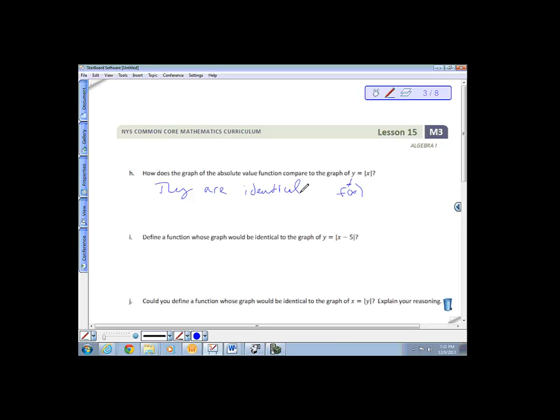Define a function whose graph would be identical to the graph y equals x minus 5. That's easy. f of x equals x minus 5. Absolute value, of course.